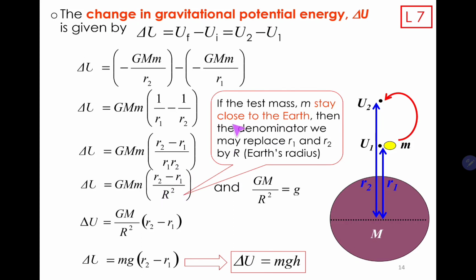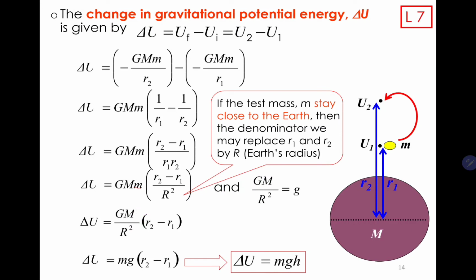If the test mass m stays close to the Earth, then in the denominator we may replace R1 and R2 by R, because they are just multiplied here, giving you R squared. And GM over R squared gives you the gravitational acceleration, isn't it?